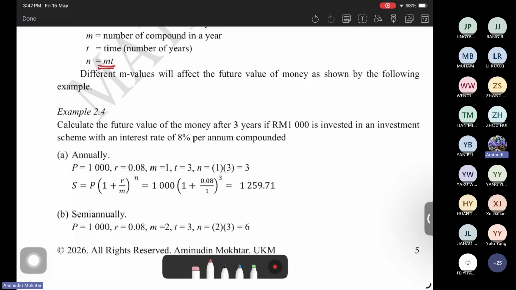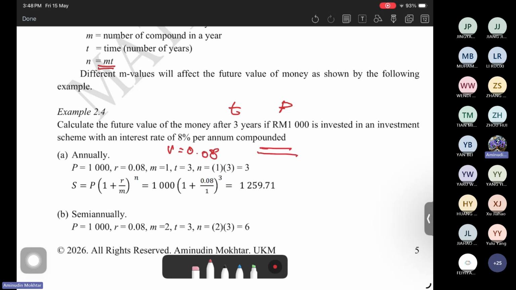So in this case, we assume that t equal 3, P equal 1,000. We assume that 1,000 is invested in the investment scheme for 3 years with the interest rate 8% per annum compounded.